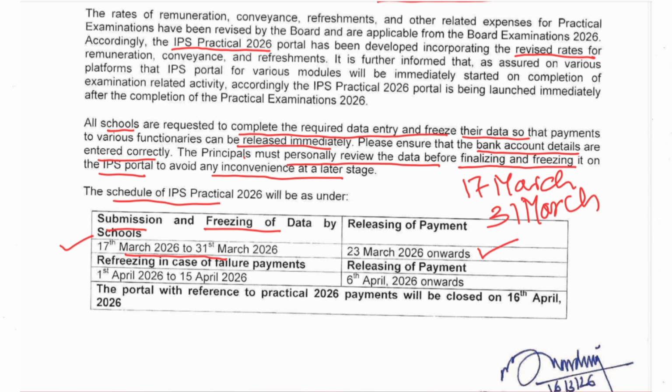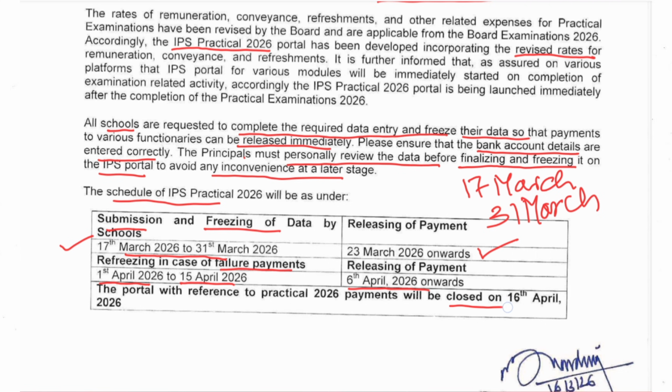Now because of some wrong data entry, some payment failures will be there. So for that, refreezing will start on 1st April. It means the school will re-enter those bank details from 1st April to 15th April, and CBSE will start payment from 6th April onward.